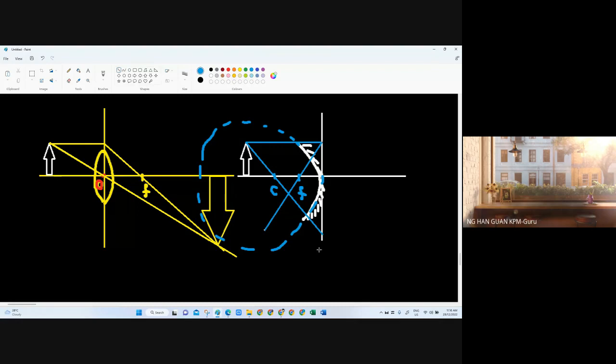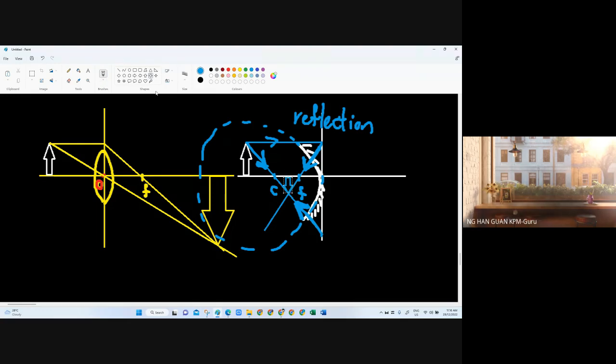So it's like this. Remember, for the mirror it is reflection. Light hits the mirror and is reflected. This one also, the incident ray is reflected back. So all the reflected rays meet, and they form the image.